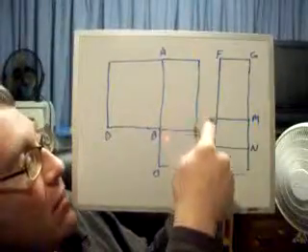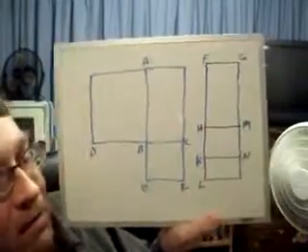Therefore, HK is rational. And if the length of HK is commensurable with the length of FG, so in other words, if there is some number that can measure both HK and FG, HN is rational.